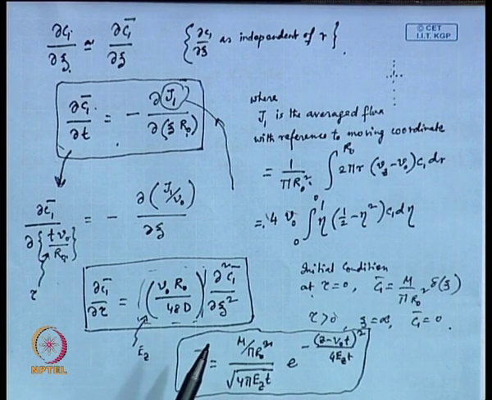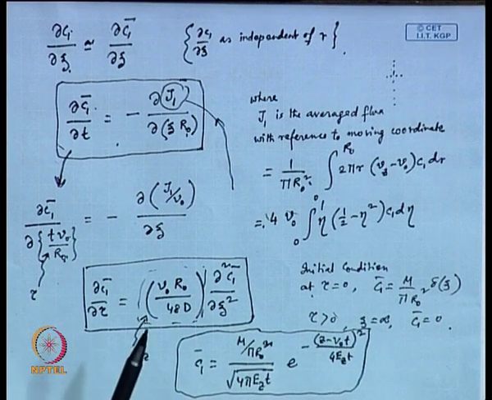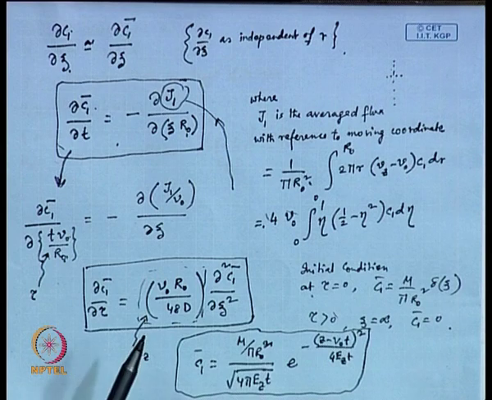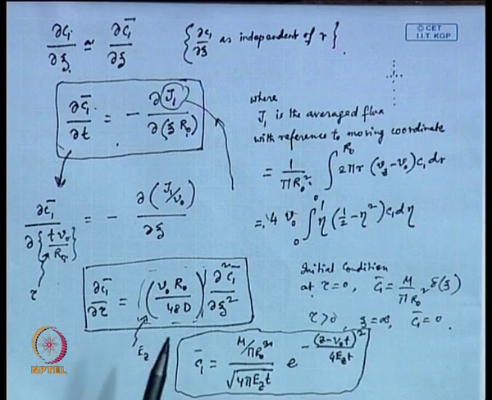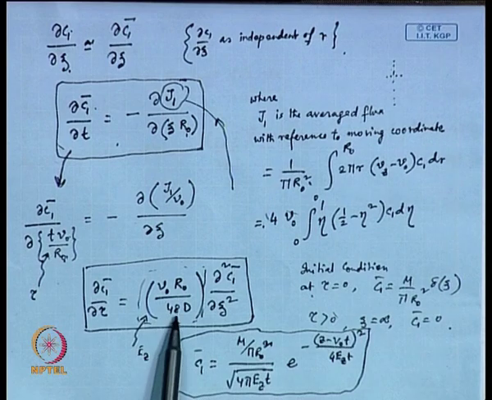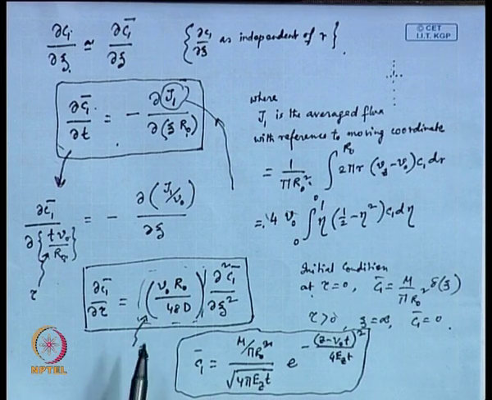The Taylor dispersion was originally done by Taylor, then it was modified by other researchers. They have done this entire exercise for flow between two parallel plates, not for circular cross section, and they found that this 48 becomes equal to the factor 210, and this R0 will be replaced by the distance between two plates.